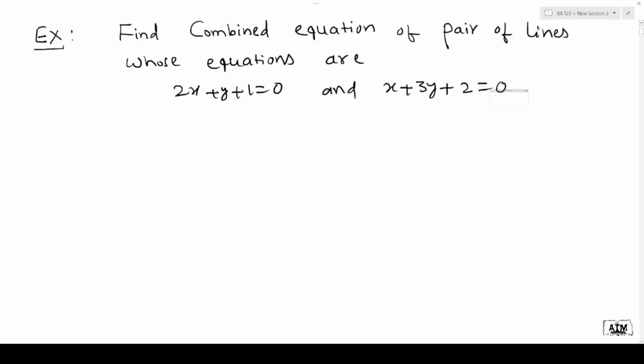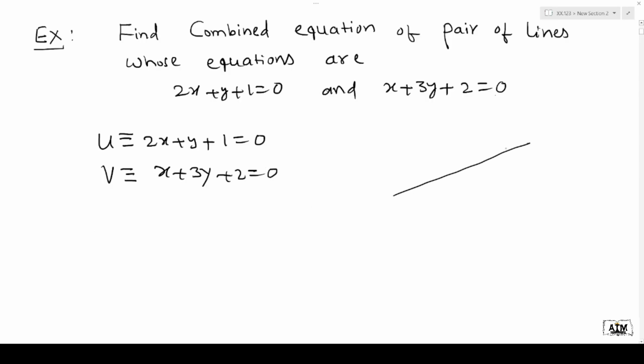Here is an example. Find the combined equation of the pair of lines whose equations are: the first equation u, that is 2x plus y plus 1 equals 0, and the second equation v, that is x plus 3y plus 2 equals 0. They are equations of two separate lines.